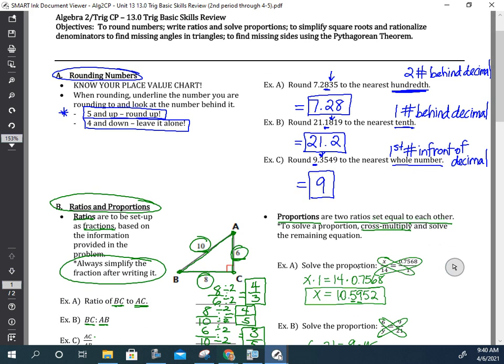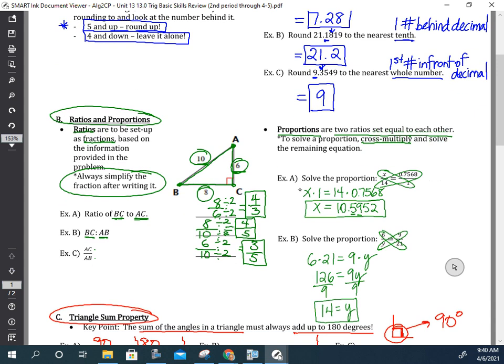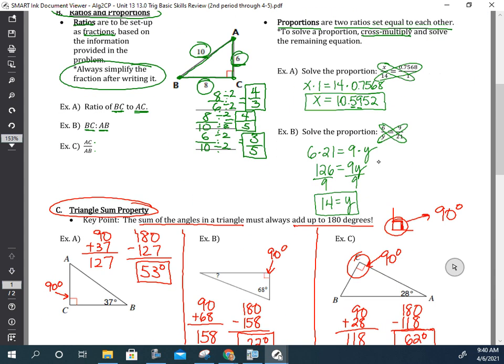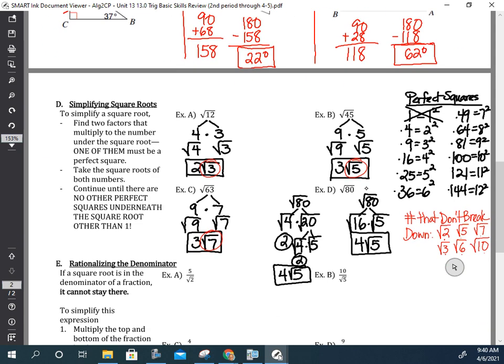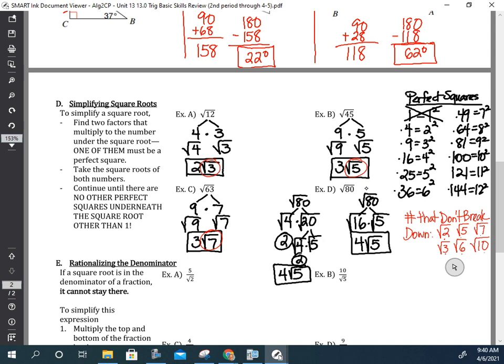But we reviewed how to round numbers, ratios and proportions, setting up ratios, solving proportions, working with angles in a triangle, and simplifying square roots. So simplifying the basic square root. So parts A, B, C, and D, we already took care of.